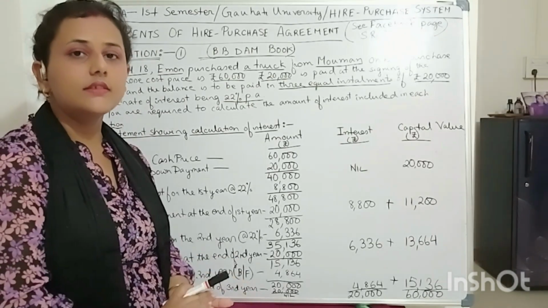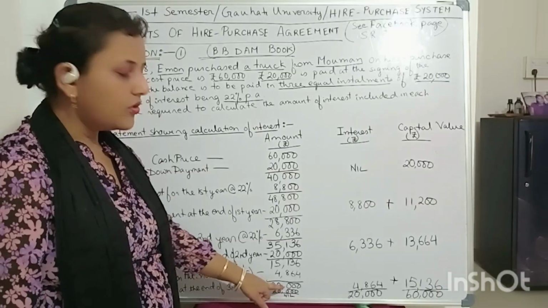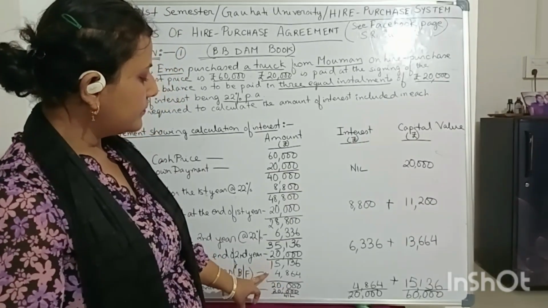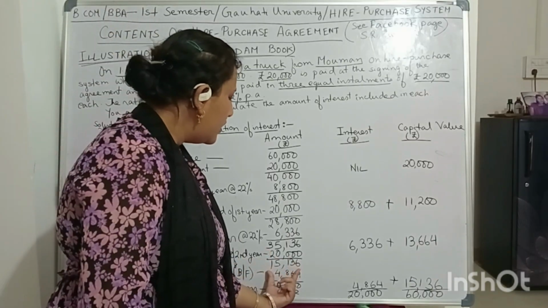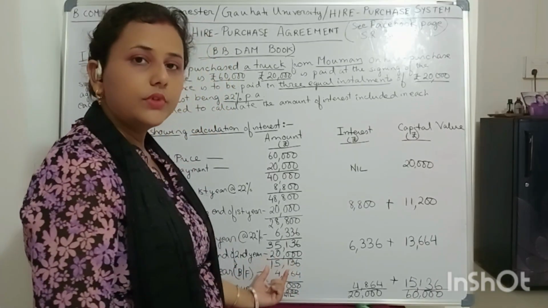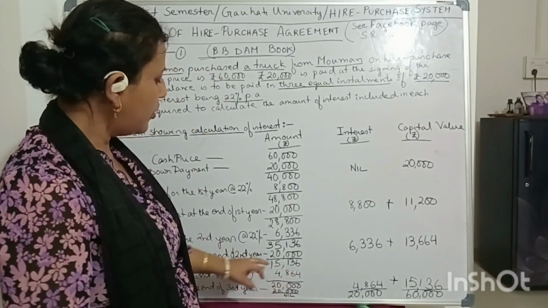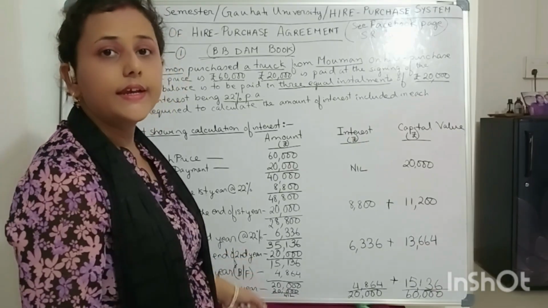That is, the last year interest is calculated by deducting the amount of the last installment minus the amount left out, the amount got after deducting the installment at the end of the second year.